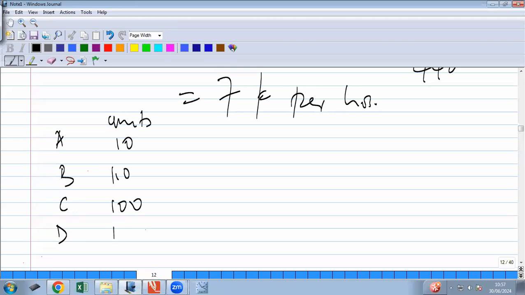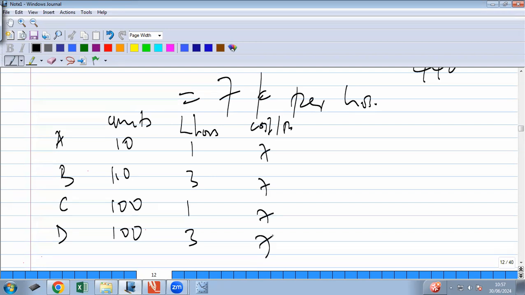And here it's 100. We need the labor hours. 1, 3, 1, 3. What's the cost per hour? We have 7, 7, 7, 7, right? So we get our total here.